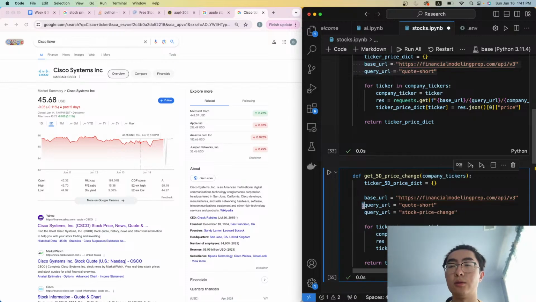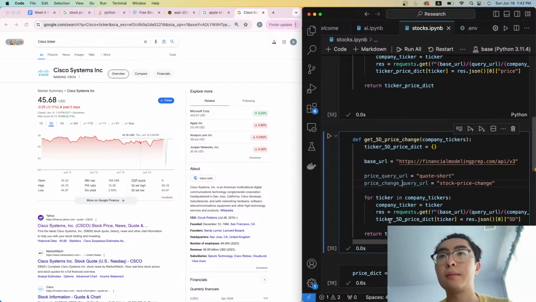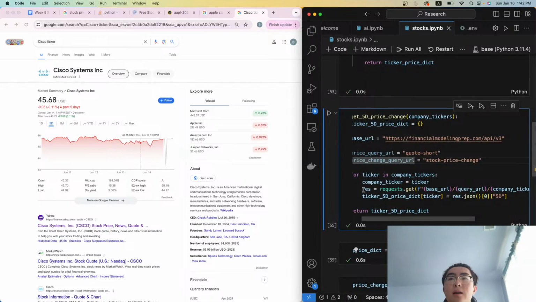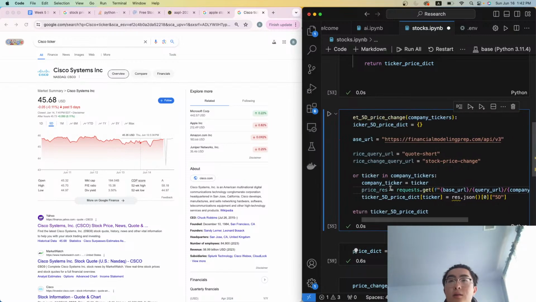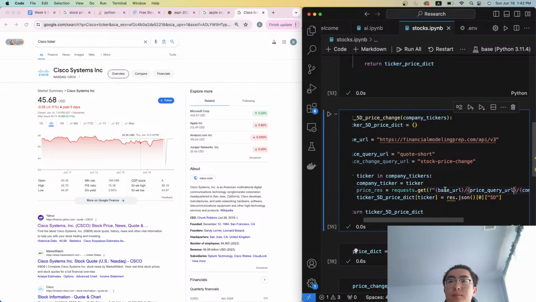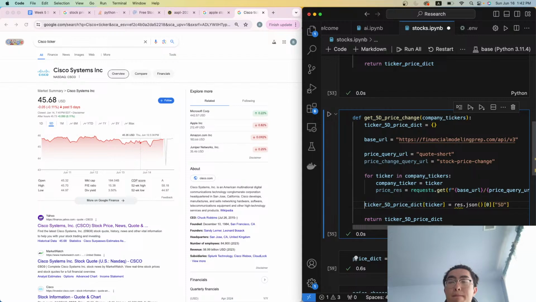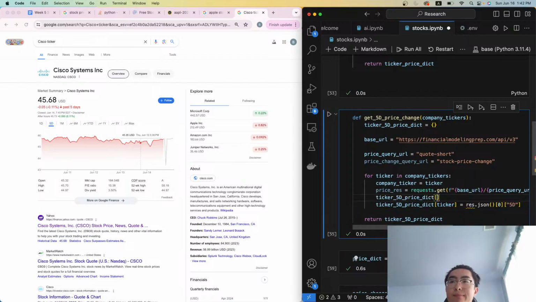And then we will do price query URL and then 5D price change query URL. Okay. Price response to this is equal to an empty list, right?